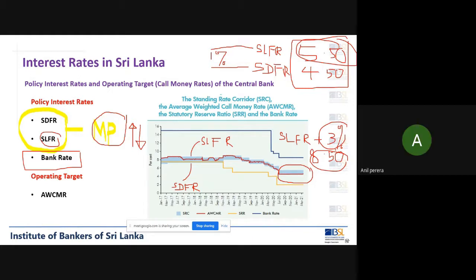Then we have another rate in this chart, a red line within the corridor. So what is that line?